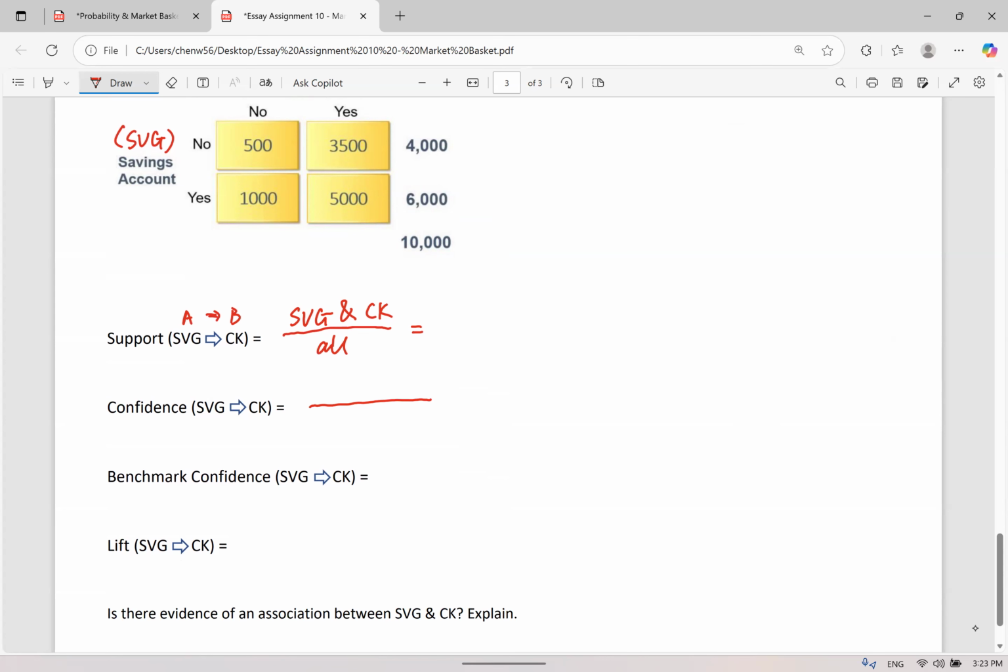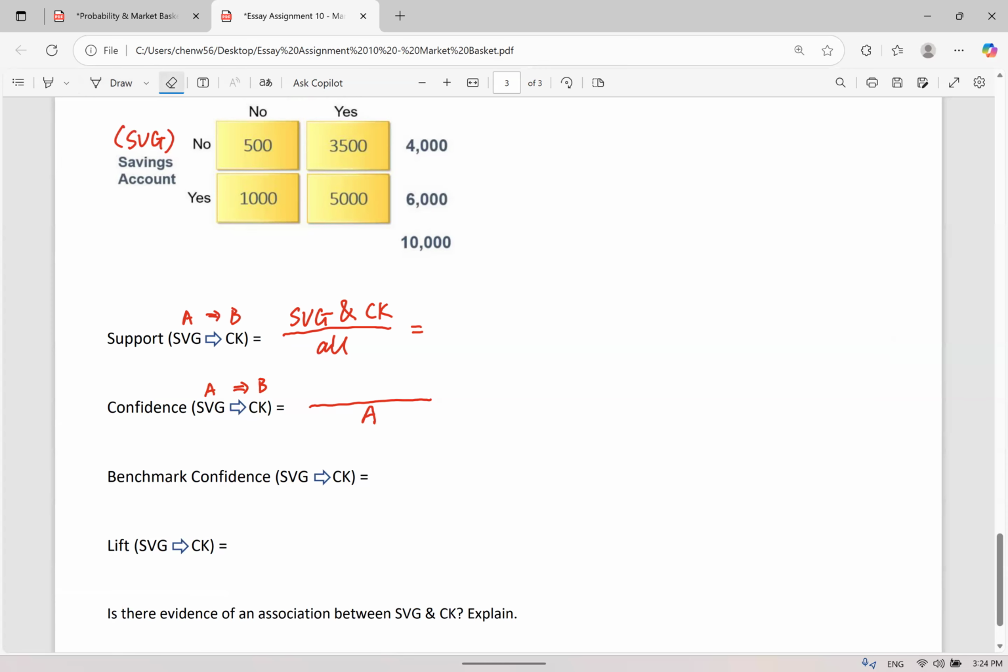And what about the confidence? That means out of all the customers that contain A, right?